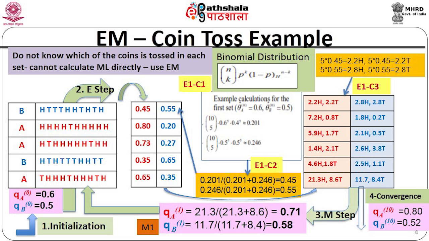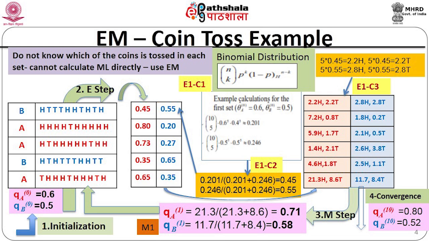So, what we did was, instead of assuming that I know it is blue or I know it is red, we are actually doing a probability based on that. Once I do this, the next step is the maximization, or the M step as it is called. In this M step, we use the values given here to recalculate QA and QB. So, the model parameters are recalculated.